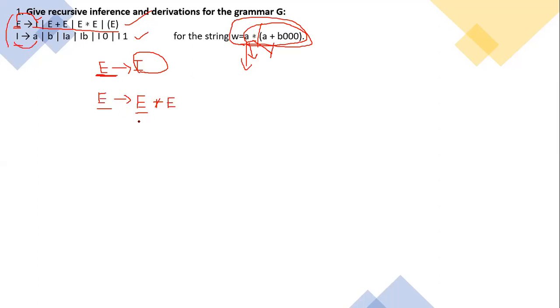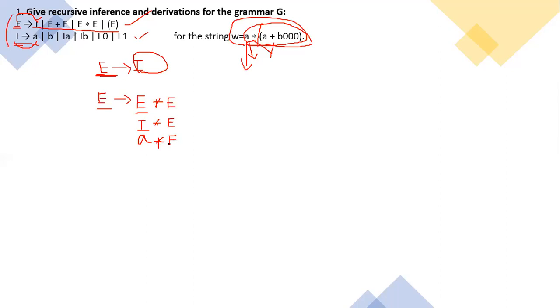So in the second step, I star E. In the third step, for the particular I, I can give the value a, because I tends to a. So we get a star E.